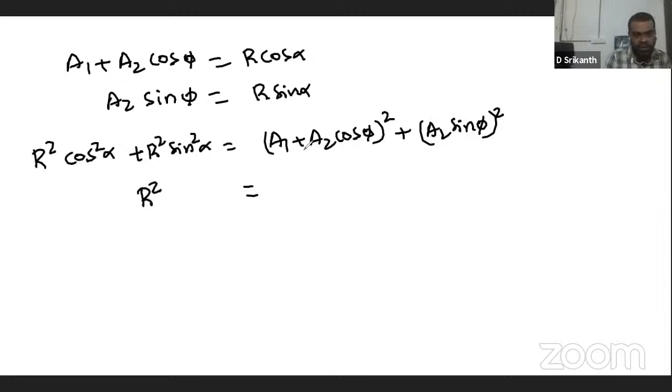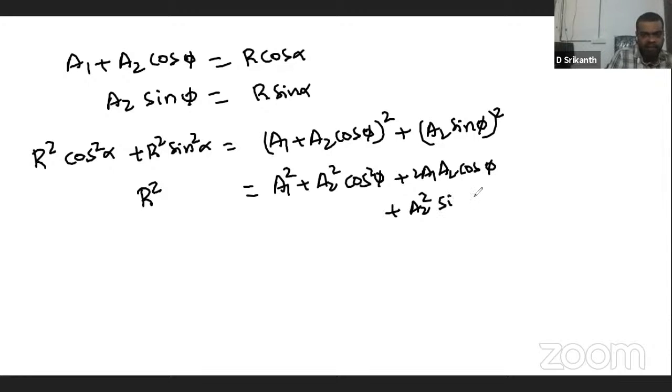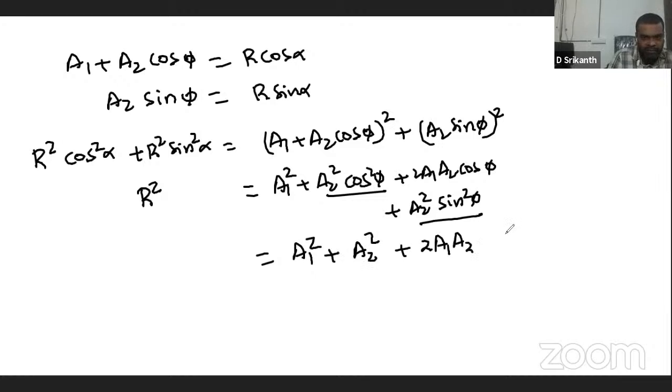So r square equal to, expand this one, a1 square plus a2 square cos square phi plus 2a1 a2 cos phi plus a2 square sin square phi. a2 square cos square phi plus a2 square sin square phi, how can I write? Take a2 square common. So a1 square plus a2 square plus 2a1 a2 cos phi.